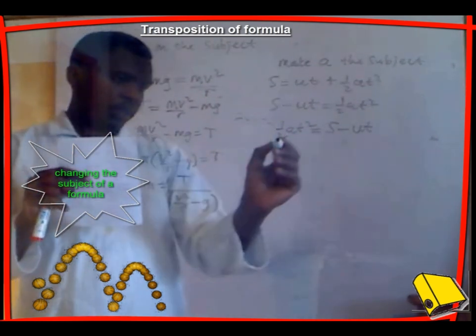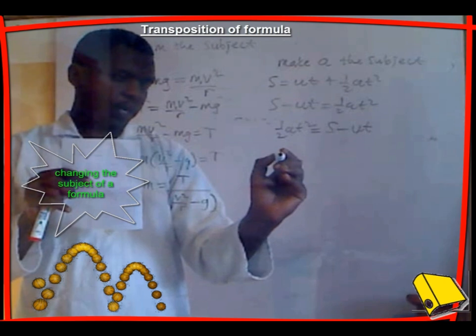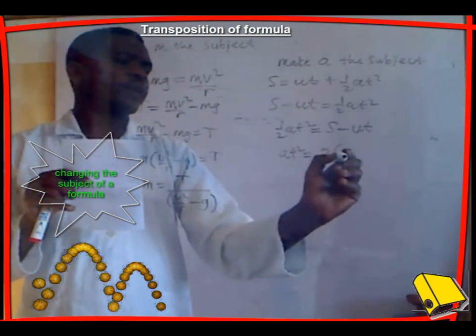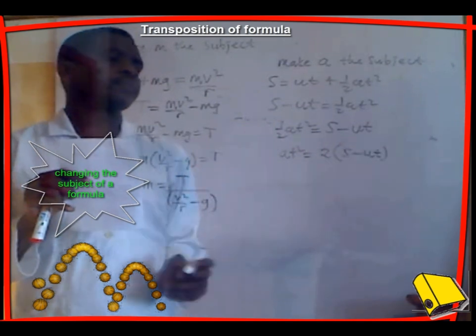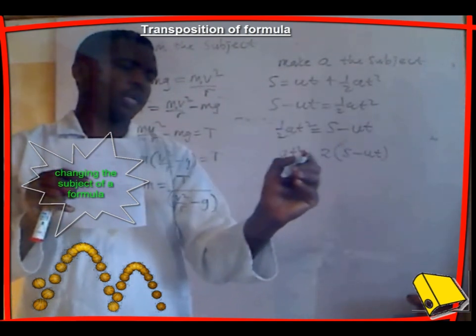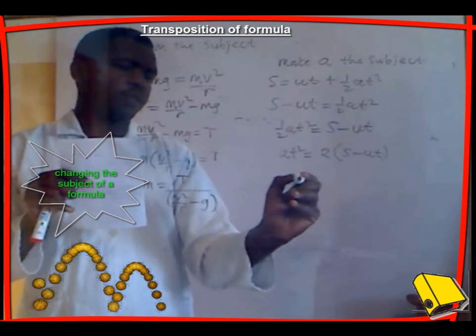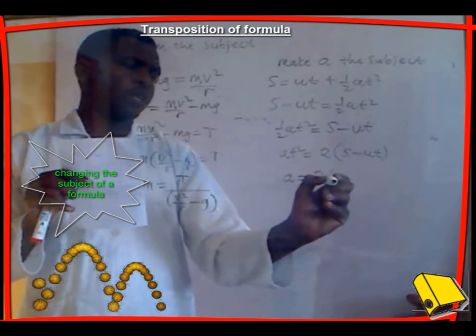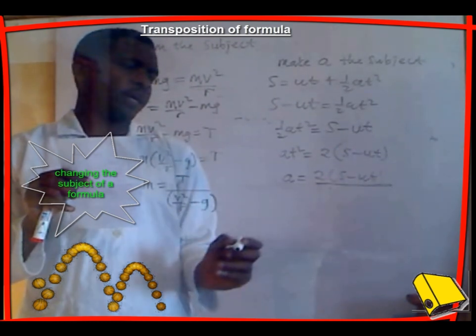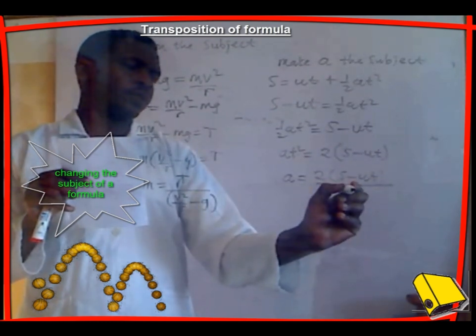You can cross multiply here. I'll have at squared is equals to 2 factor of s minus ut. I want to make a the subject, so I divide all through by t squared. I'll have a is equals to 2 factor of s minus ut divided by t squared.